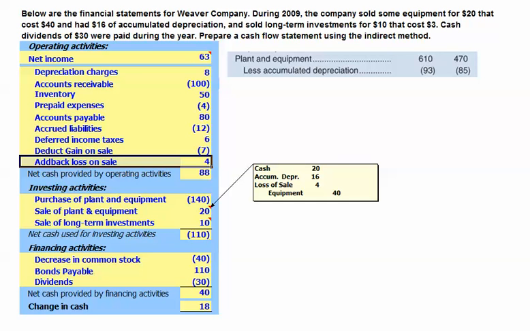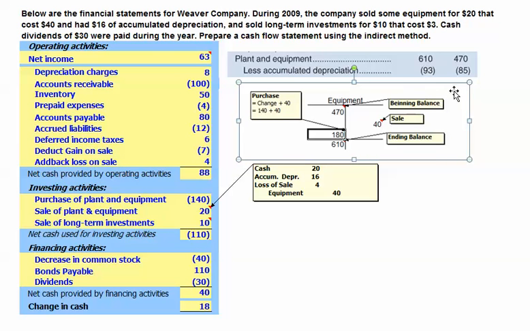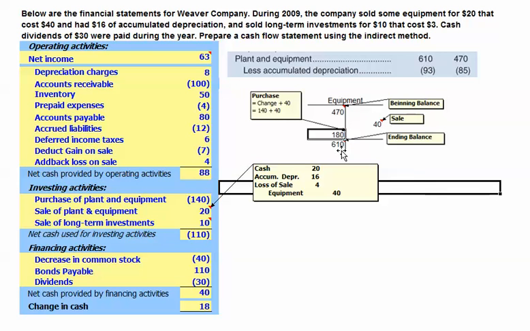Let's go ahead and take a look at the T account for plant and equipment. We were told that we had a $470 beginning balance in plant and equipment. We had a $610 ending balance in plant and equipment. Again, that's from our balance sheet. We credited plant and equipment $40 for the sale, which means the only way we can get our plant and equipment account to balance is if we had purchased $180 in plant and equipment, not the $140 that we currently show on our cash flow statement, but instead $180.